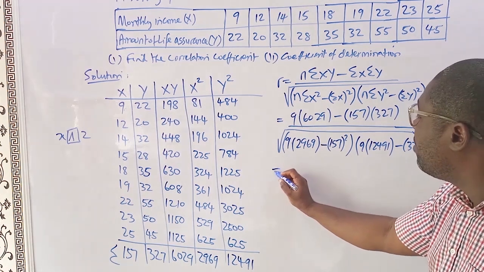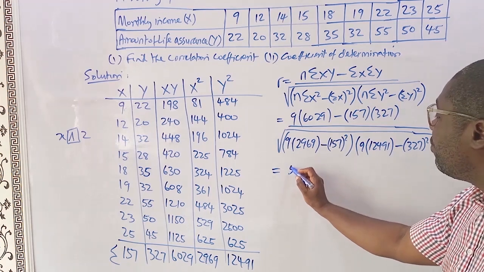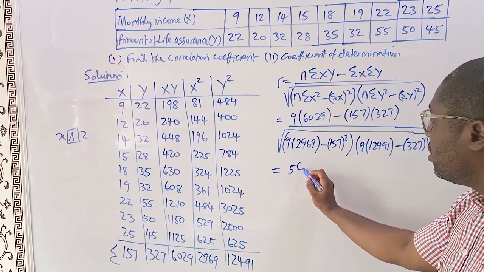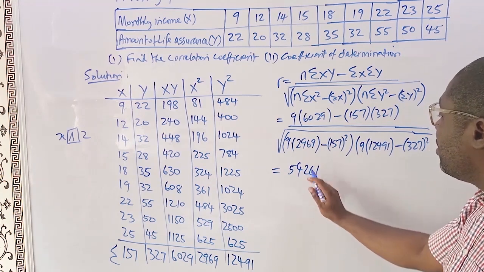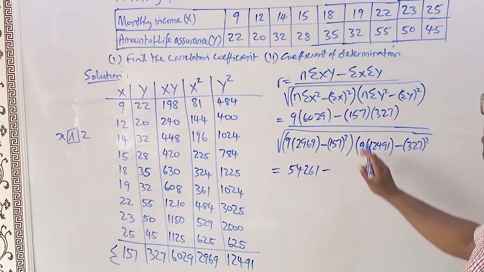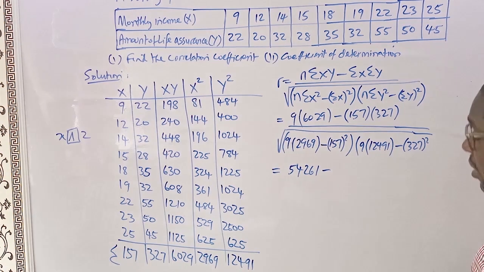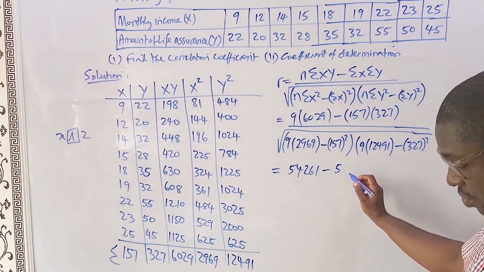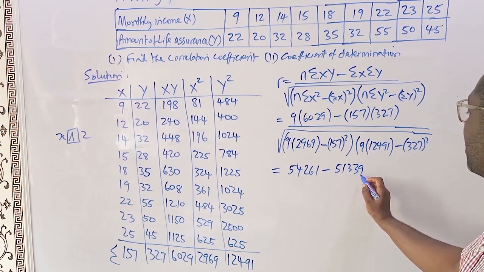So this is what we're dealing with. So we pick them one after the other. 9 times 6029 should give us 54,261, minus this times this, 157 times 327. That should give us 51,339.